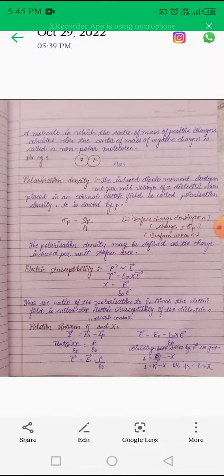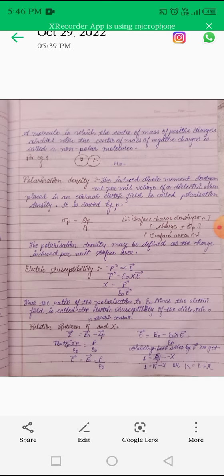Relation between K and chi. Epsilon E vector equals epsilon naught E vector minus P. Dividing both equations, we get K equals 1 plus chi.